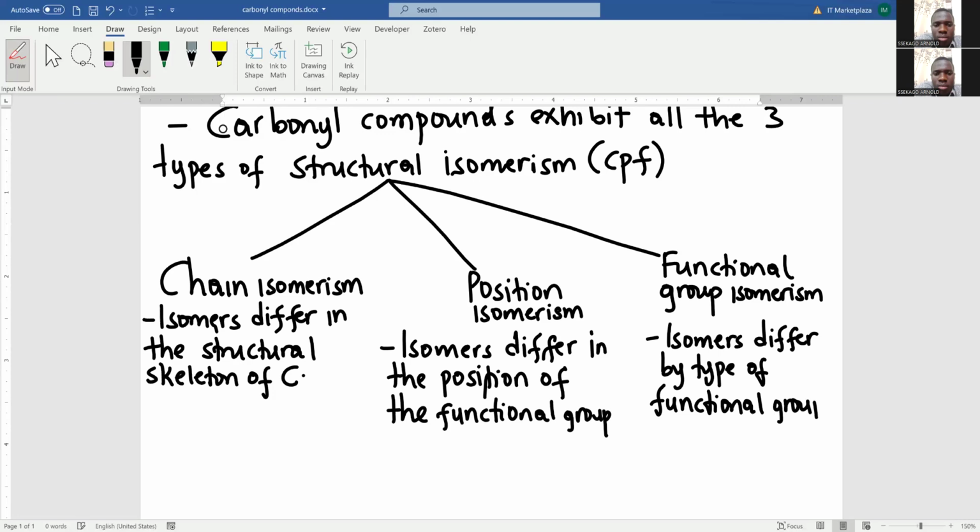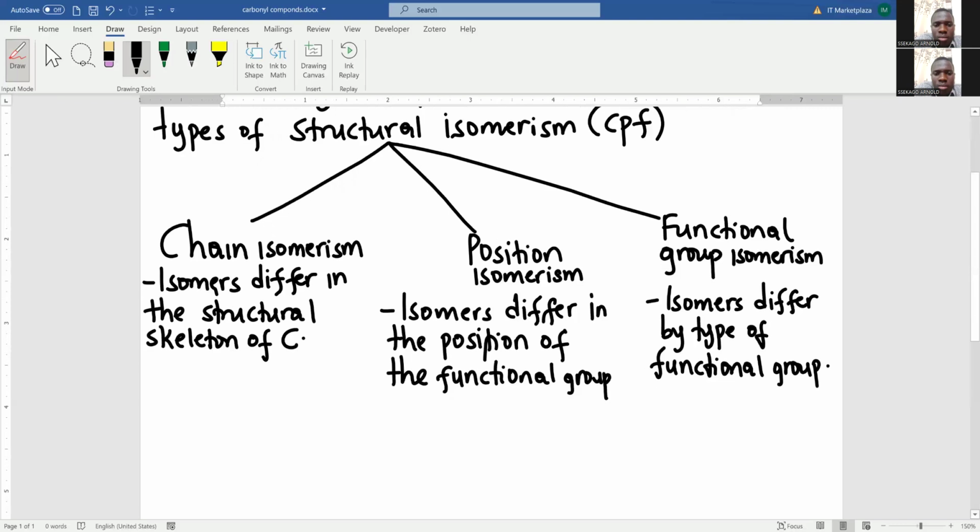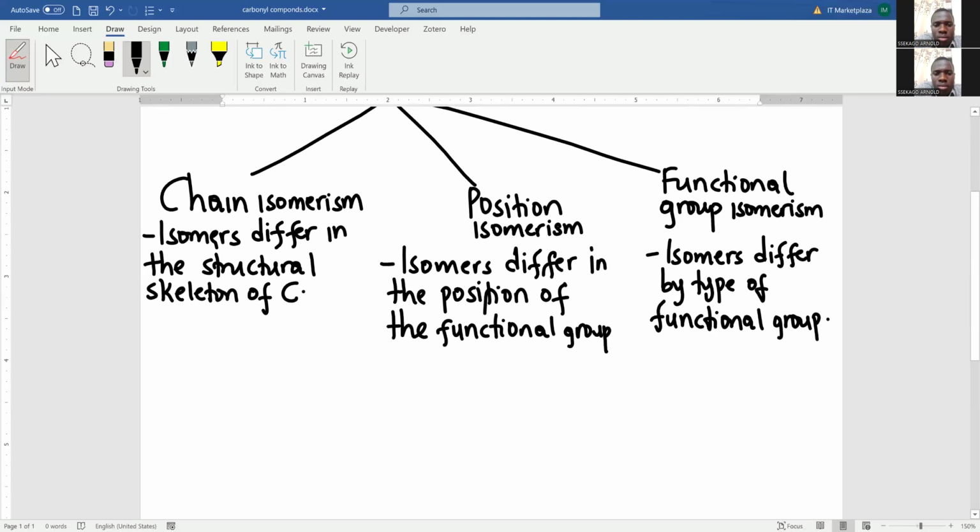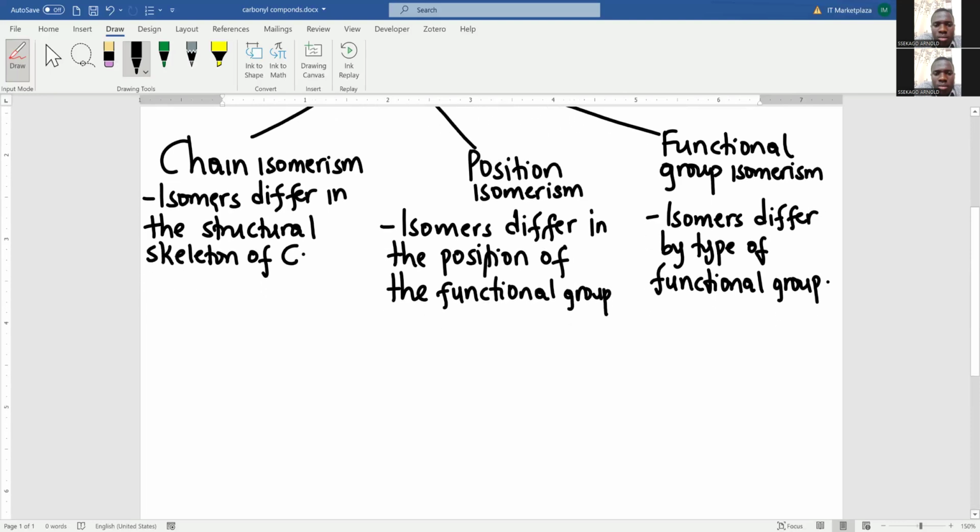Now these are just basic definitions because this information was taught in senior 5. But before I generate my examples, I just want to give you an intuition of what I mean by chain isomerism, position isomerism, and functional group isomerism. Then, having commented on what they mean, I can take some few examples so that you appreciate this better.